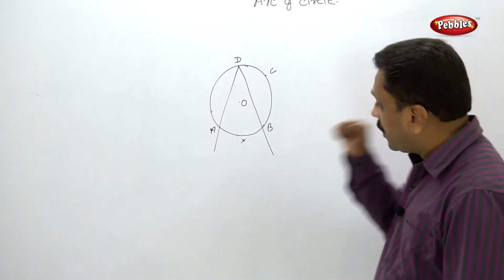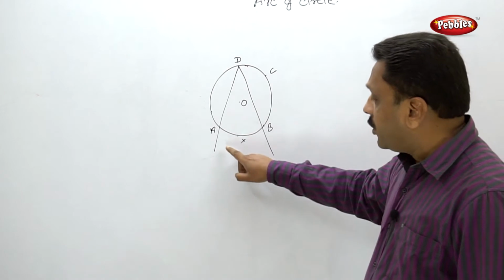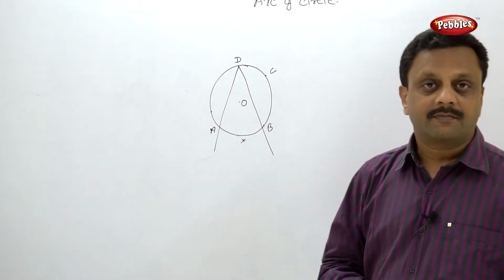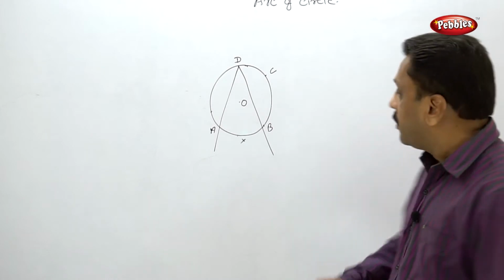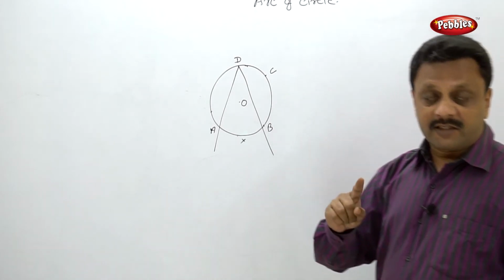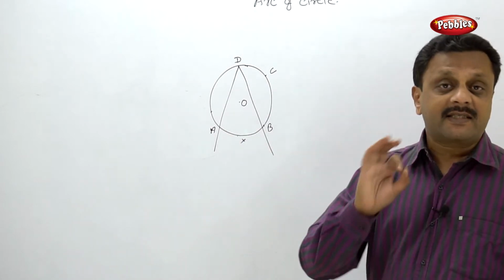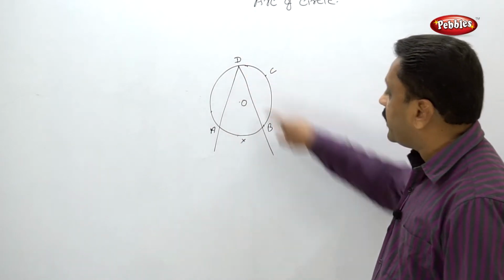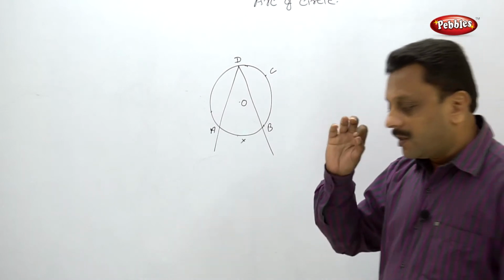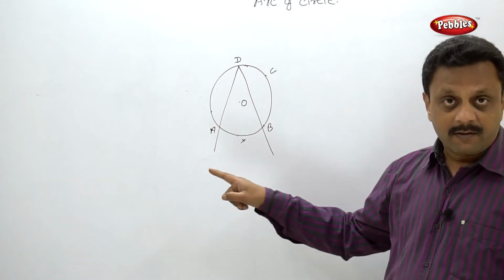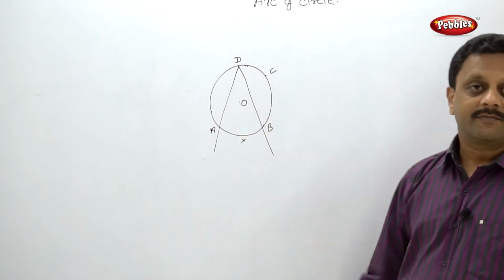Okay. Now can you see, actually this arc is made by this angle. So I will say this arc AXB is intercepted by angle ADB. In simple words, this angle has made this arc.